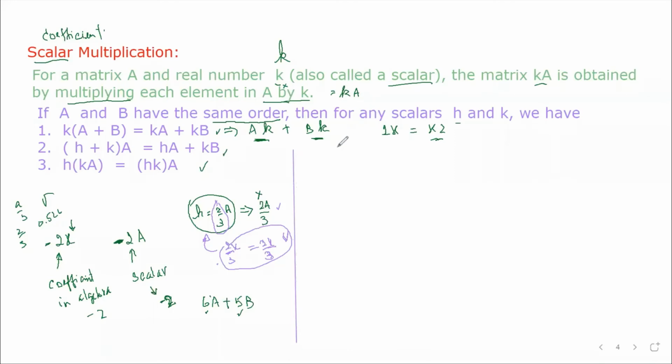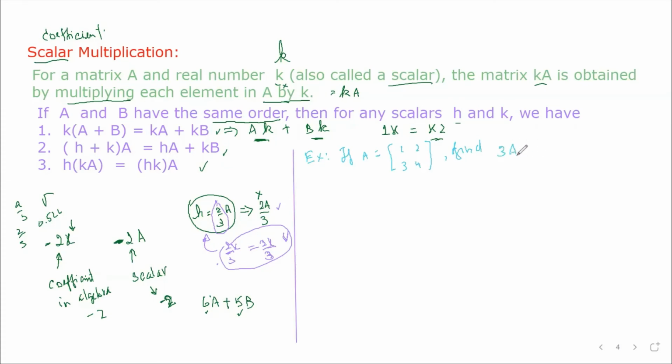For example, say I give you matrix A equal to 1, 2, 3, 4. What can we do? Maybe 3A.